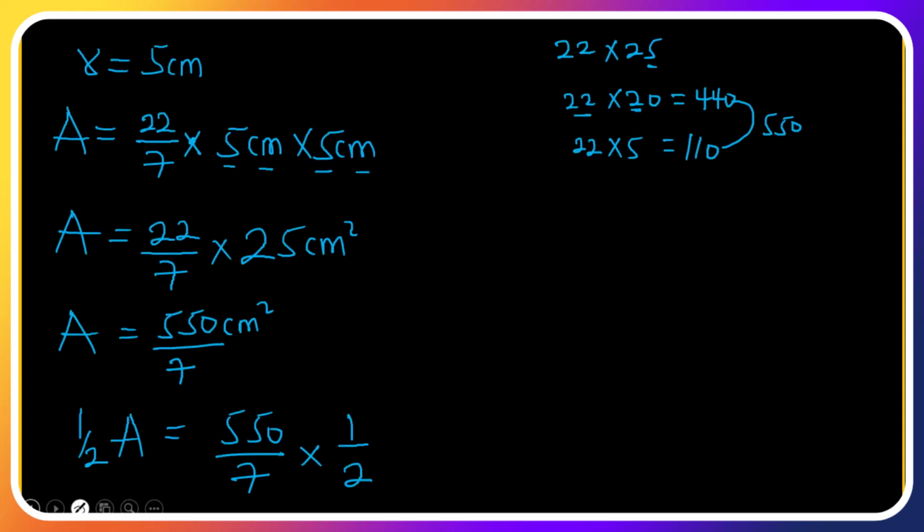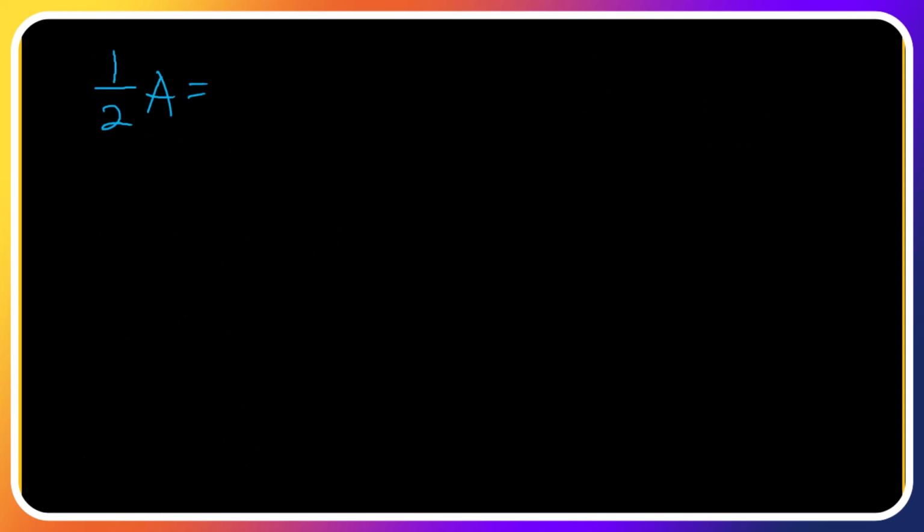So half of the area of a circle gives us 550 by 2, which is 275 on 7 centimeters squared.